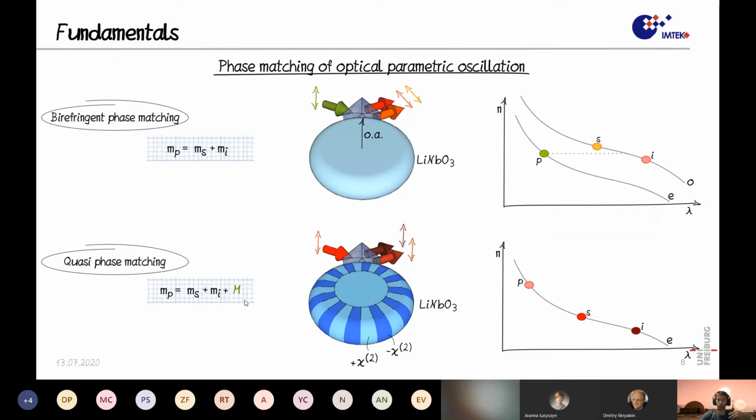Then this M has to be added to the angular momentum conservation law, and by choosing this M, you can compensate any phase mismatch or any angular momentum mismatch. That's the idea. That's the most flexible way, because you can compensate any mismatch that you have if you are able to structure the material. But you need to structure the material.